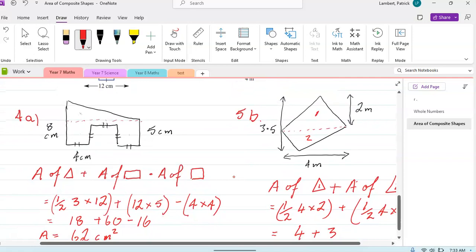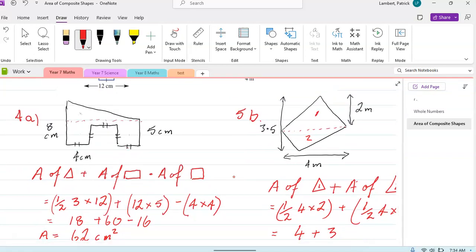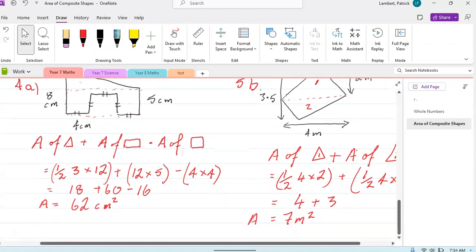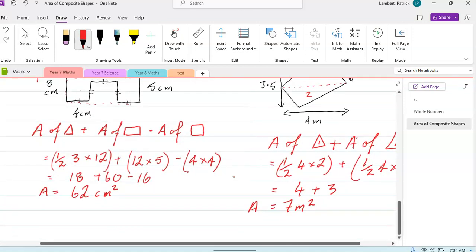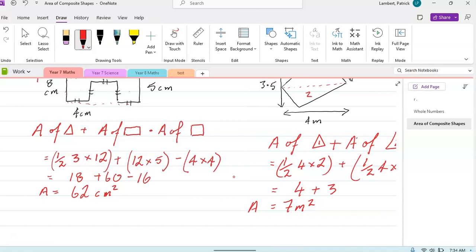You've got the area of your triangle plus the area of this rectangle here, which is 5 by 12, minus the area of this square, which is 4 times 4. So you've got half 3 times 12, your triangle, plus 12 times 5, minus 4 times 4.